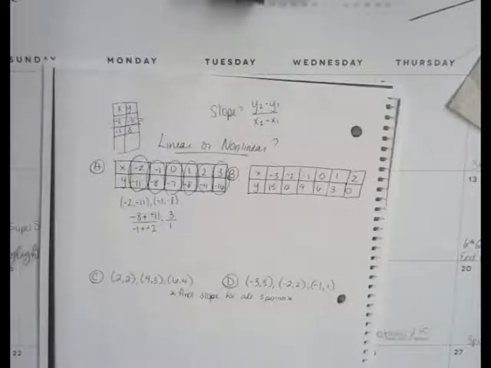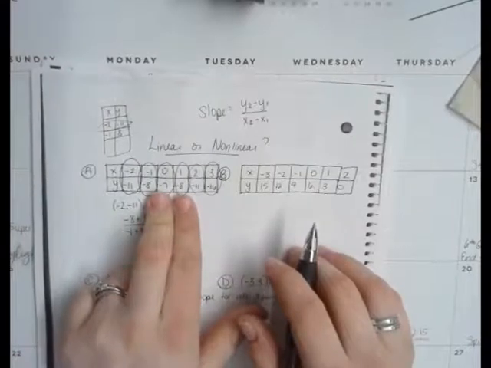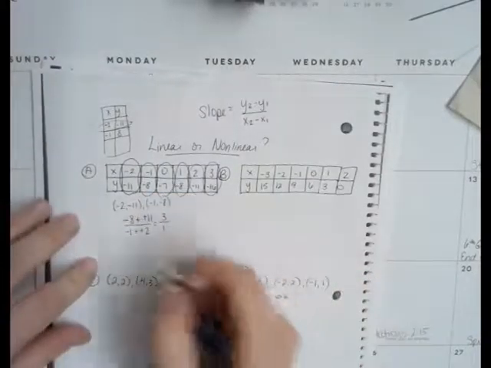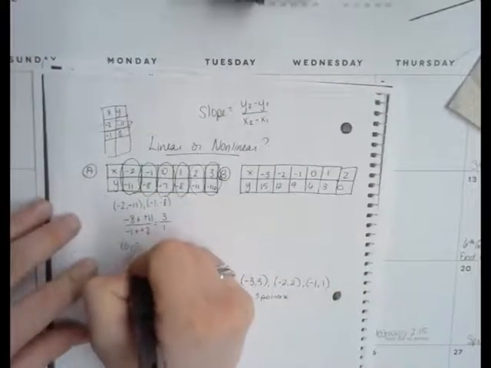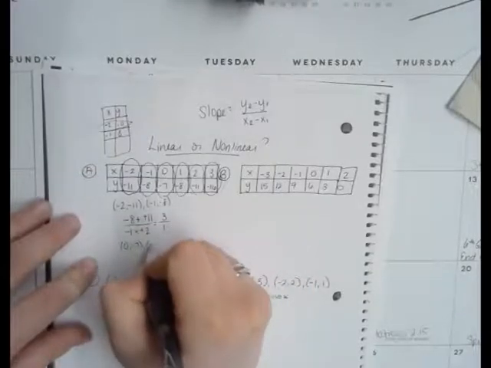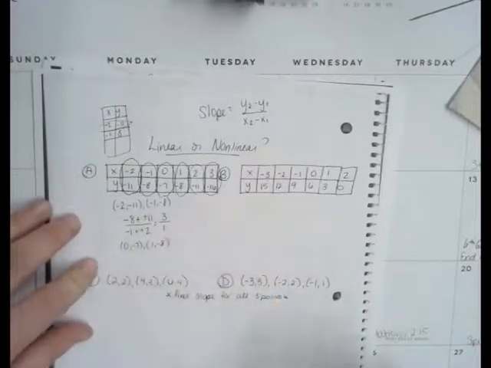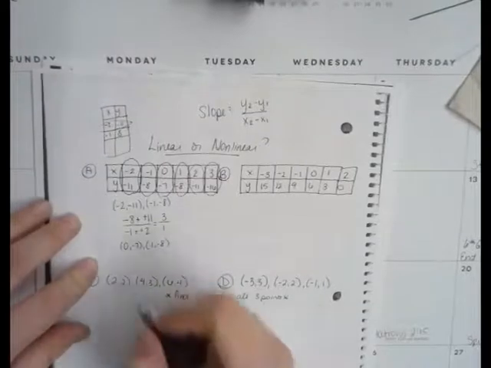And then you can pick any other two points you would like. I'm going to pick the two kind of right next to it. So I have 0, comma, -7, and 1, comma, -8. I'm going to check those and see what that slope is.